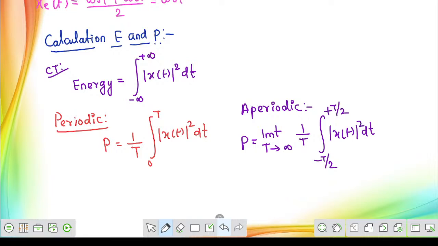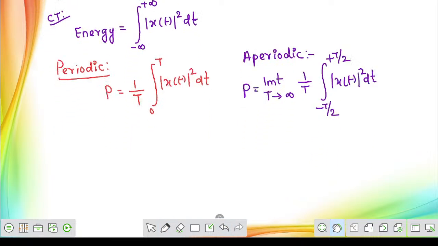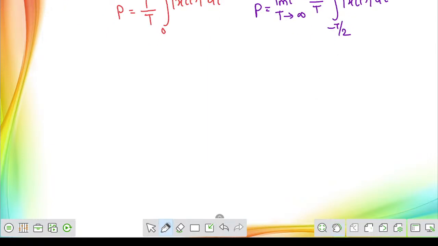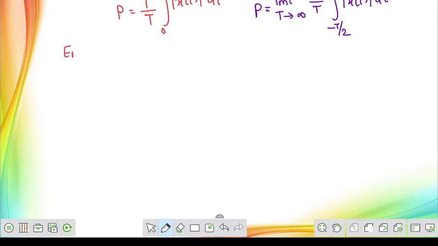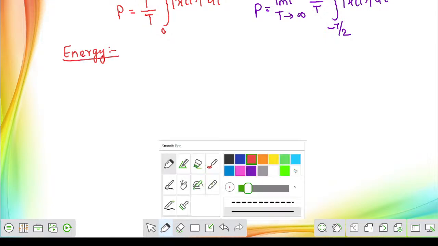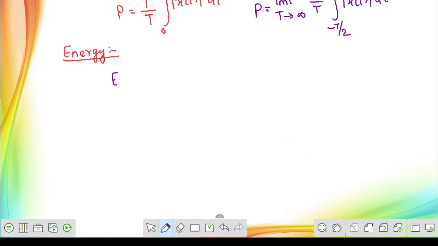If the given signal is an energy signal, then what will be the range of energy? If your given signal is the energy signal, then the value of the energy must be less than infinity, and of course it will be greater than 0.